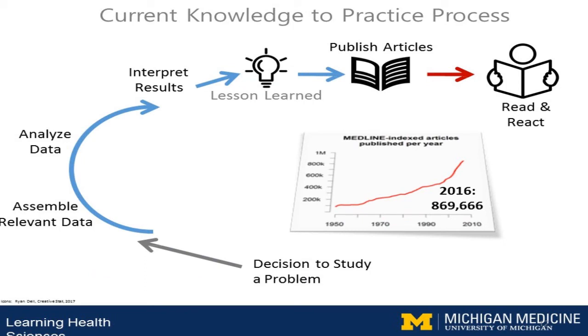All right, you may have seen a slide like this before. This is our classic kind of learning health system slide from knowledge to practice. The way we think of things, you have a group in biomedicine interested in a problem, like the problem of how do we determine on a genetic basis which drugs to prescribe for which individuals. We're going to assemble relevant data.